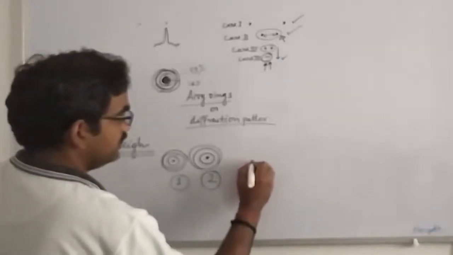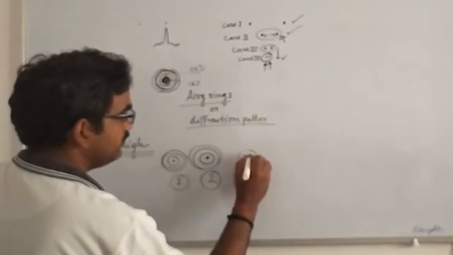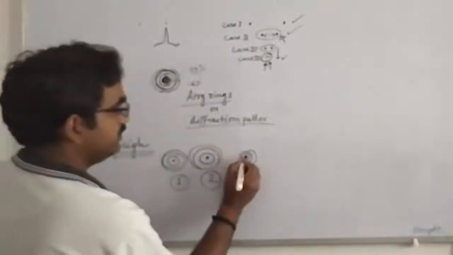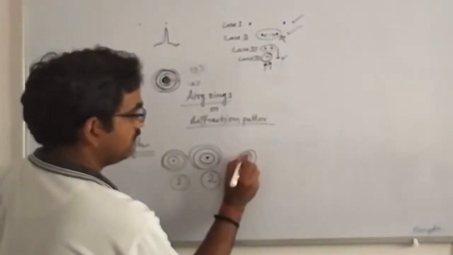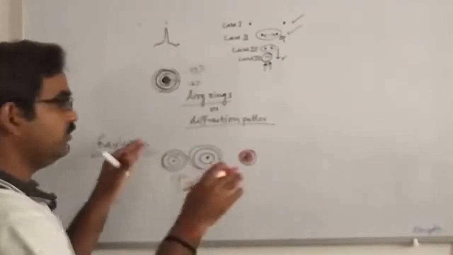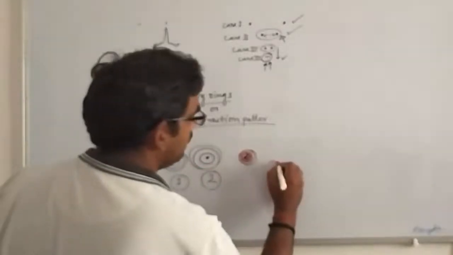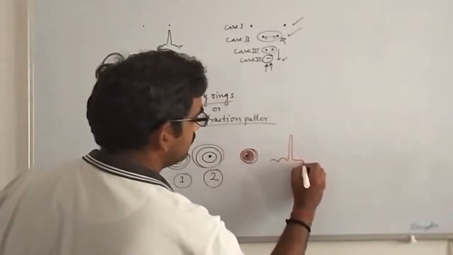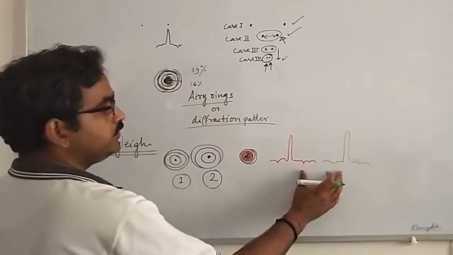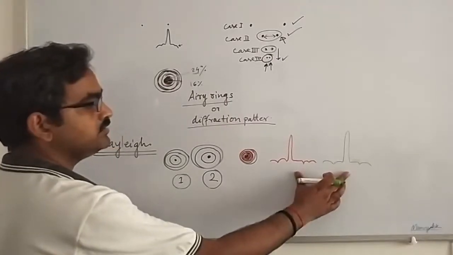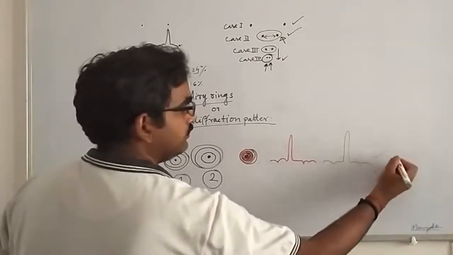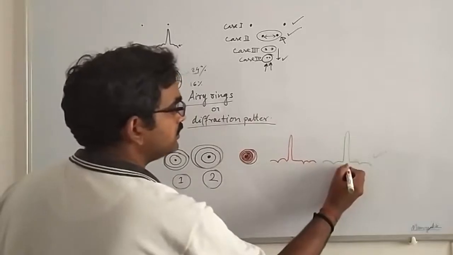But if the two Airy rings, say for example this is one and this is another one, overlap each other, or if I draw like this in 3 dimensions, if these two Airy rings, the diffraction patterns, are not superimposing each other, then we can see the two points distinctly.